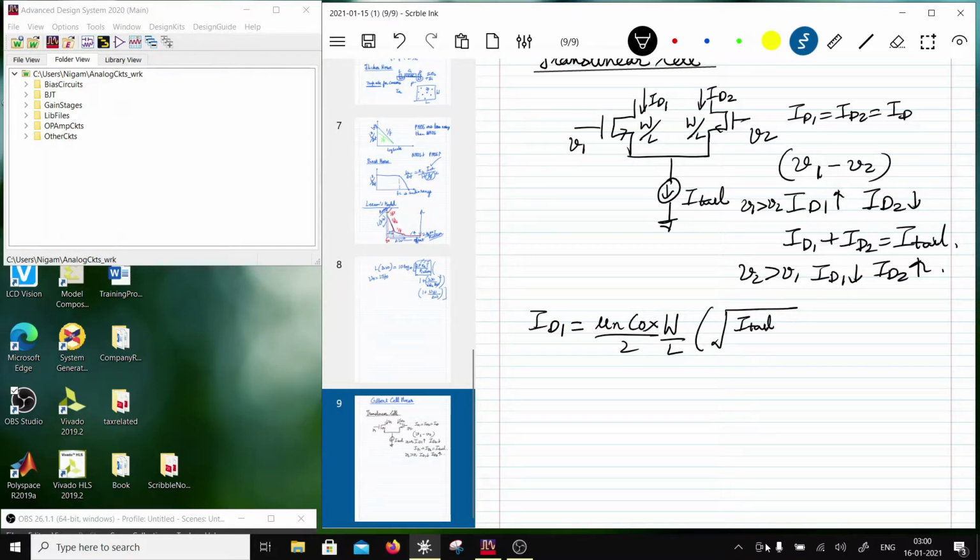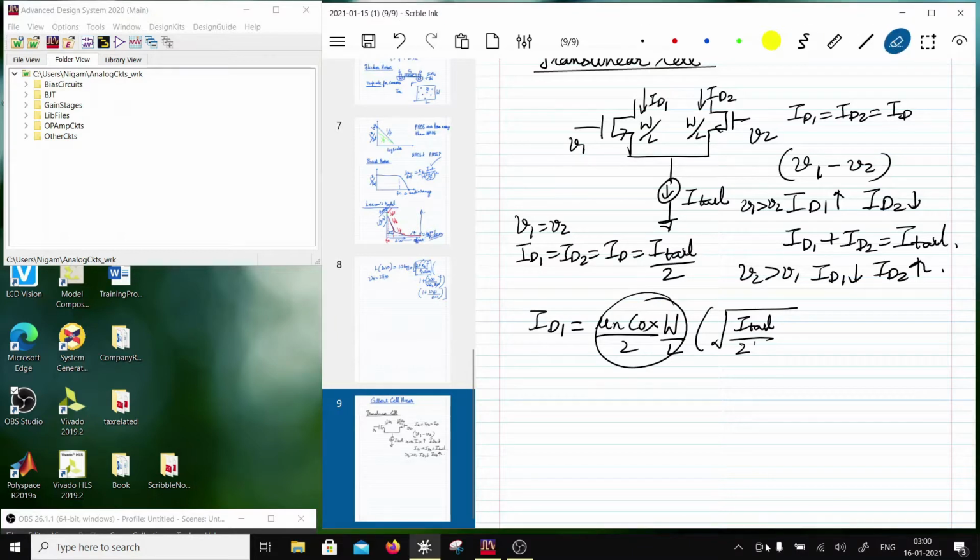Remember, when V1 equals V2, ID1 is equal to ID2 equal to ID, which is equal to I tail by 2. So this is going to be twice of this quantity. Let's represent this quantity as K.